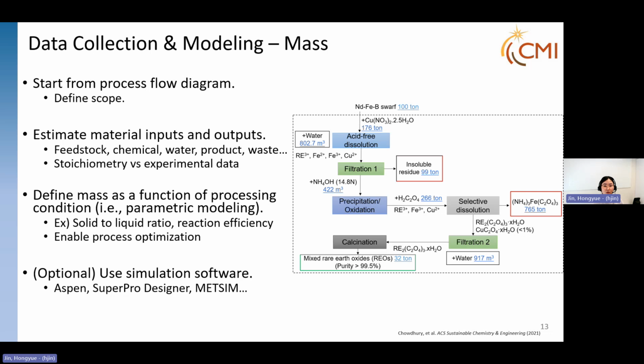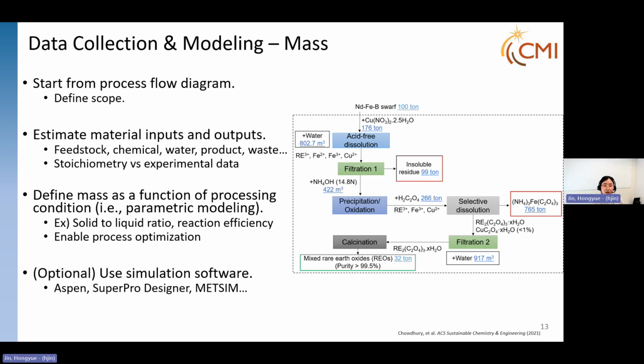So the copper nitrate solution will be the liquid, and the solid is the swarf. When we receive different information from different experimental data, we can easily update the parameter to automatically update the TEA/LCA results. So this will enable process optimization.